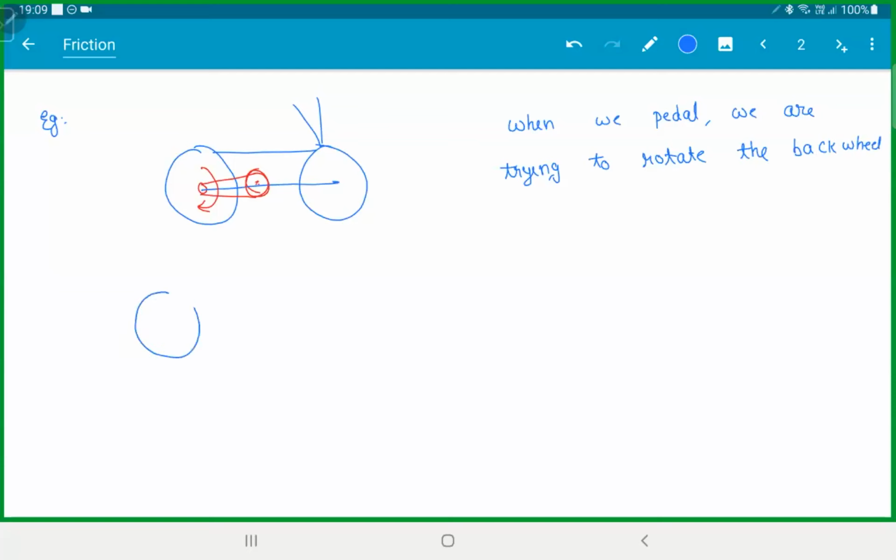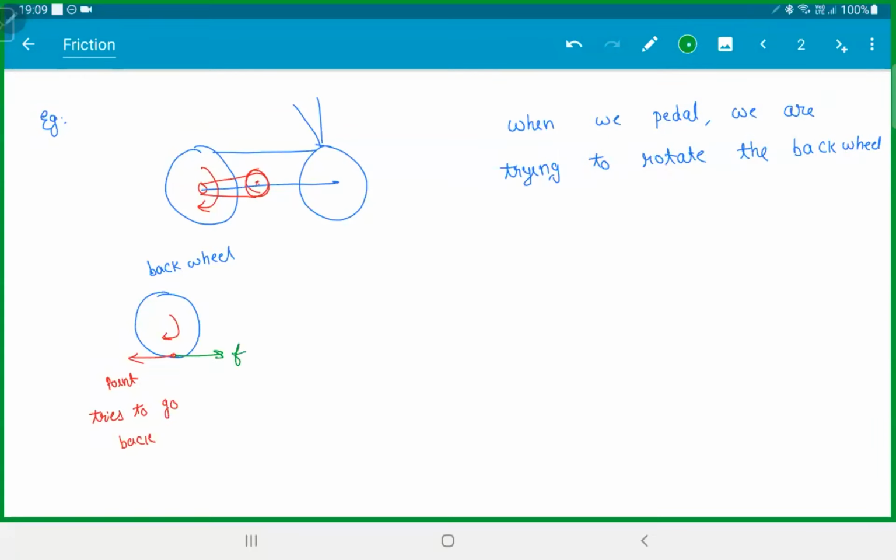That means the back wheel, if you look at it, because you're pedaling, it's trying to go this way. So this point is trying to go backward. So its point is actually going backward. So the friction will be forward.